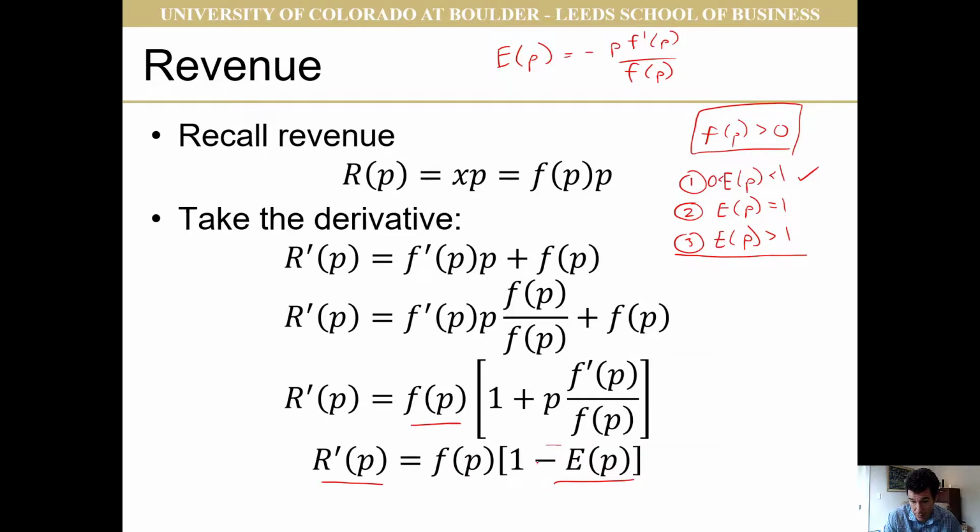Well, when E of P equals 1, then R prime of P, the derivative of revenue with respect to the price, is 0, which means that when prices change, revenue does not change. E of P bigger than 1 means that 1 minus E of P is negative, which means that if you increase prices, revenue is going to go down.